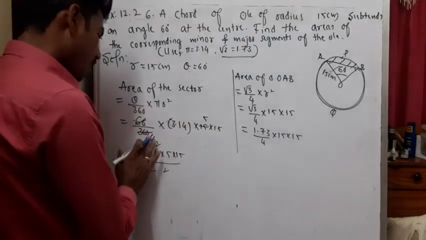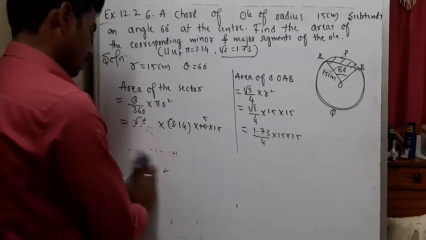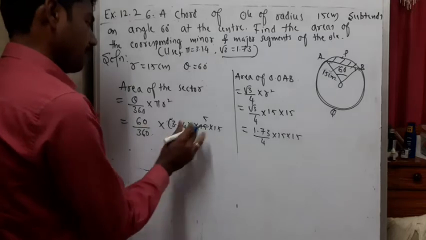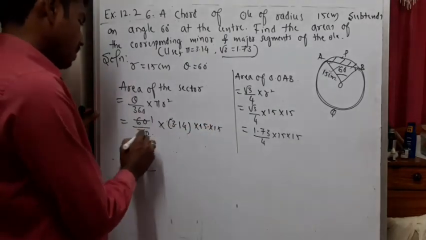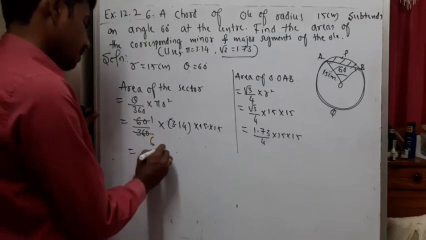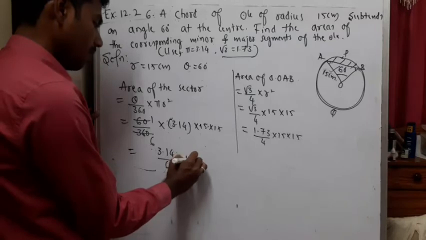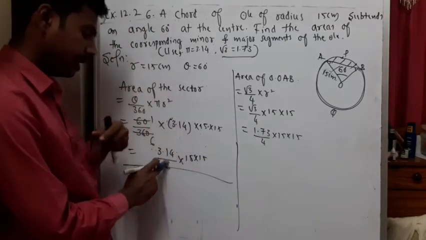We will not divide this. 60 divided by 360, this 15 I will retain it. This is 3.14 divided by 6 into 15 into 15. Now, I will tell you why I have retained it.